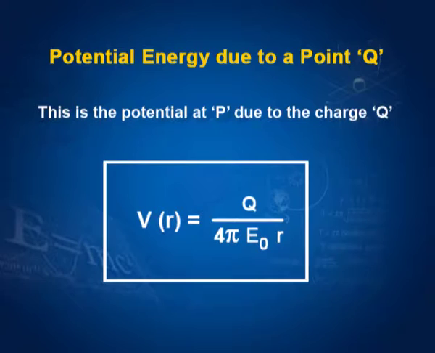Now here is a catch. If you think that this is only possible for a repulsive case, that is, you can only bring a positive charge towards a positive charge or a negative charge towards a negative charge, then I will be very happy to tell you that you can even take a positive charge and keep a negative charge just near to him, and then you can take that negative charge away from him.